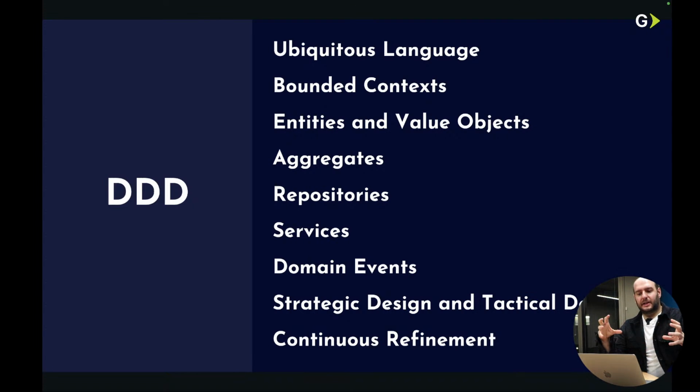Also, we'll define contexts. So we'll define limits in our applications that will help us understand where some domain enters, and then we have subdomains. For example, in the case of a hotel booking application, you will have the domain of customer reviews. Then we have another subdomain, which would be dealing with the hosts.